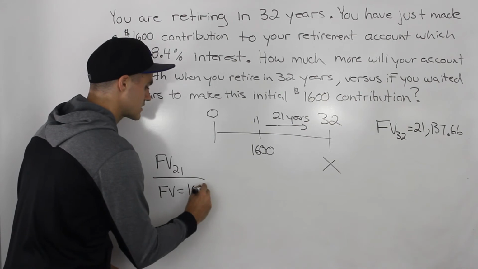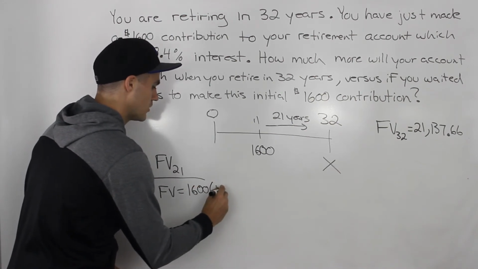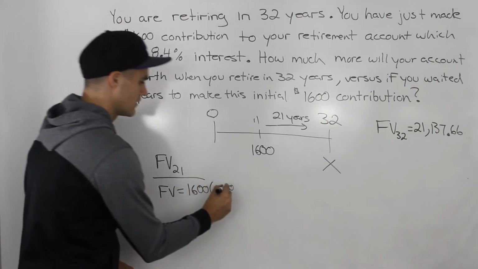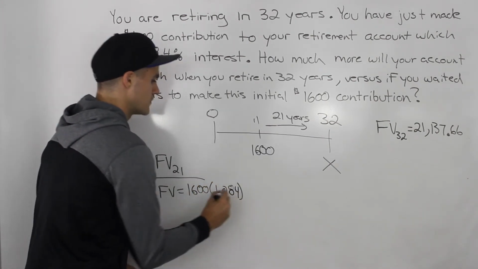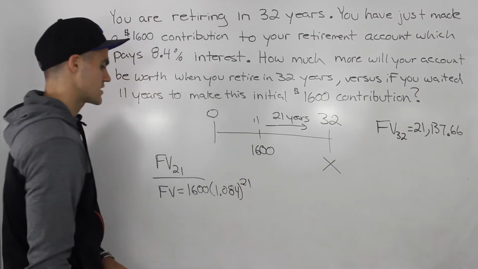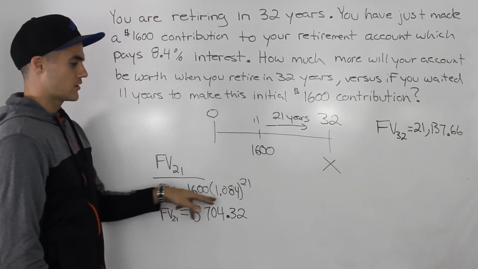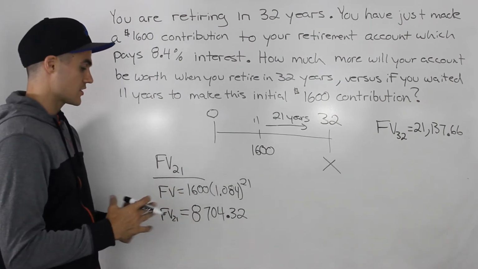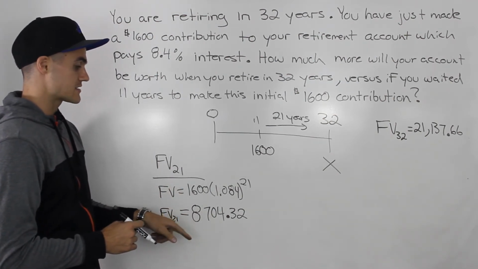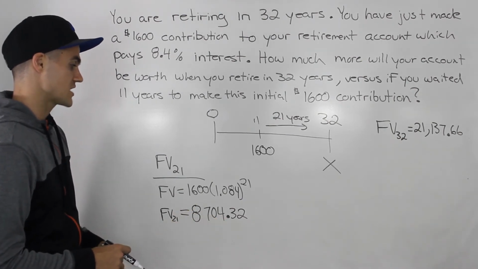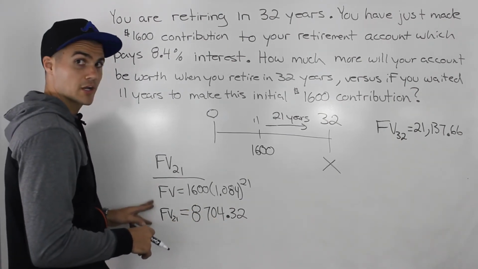So 1,600 times 1.084, same interest rate. But the only thing that's changing is that it's compounding for 21 years now. And when you do that in your calculator, making sure you do the exponent first and multiply that result by 1,600, you end up getting $8,704.32.